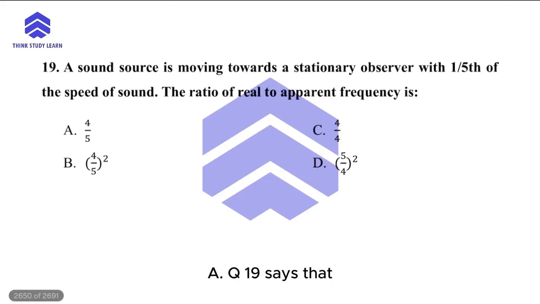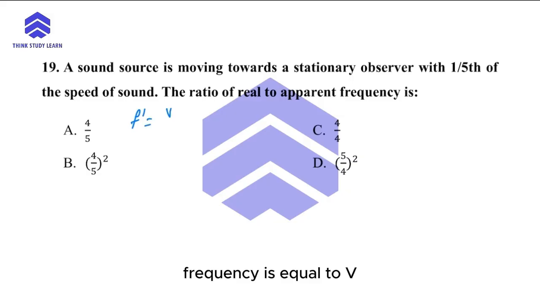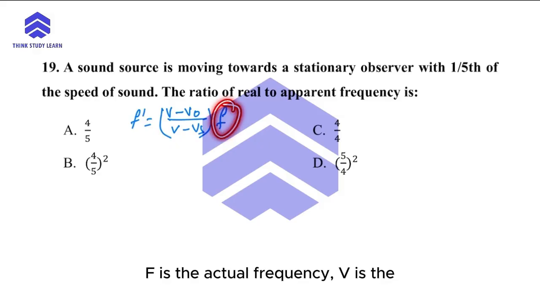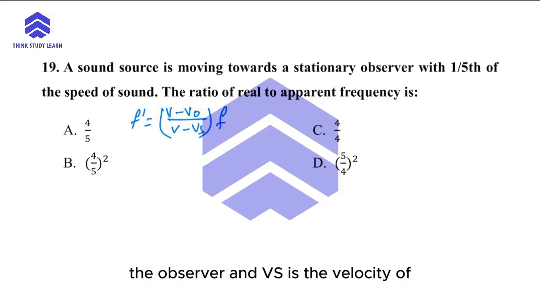Question 19 says that a sound source is moving towards a stationary observer with 1/5 of the speed of the sound. The ratio of real to apparent frequency is. According to Doppler's effect, we know that apparent frequency is equal to (V minus V naught) divided by (V minus Vs) into F. Here, F bar is apparent frequency, F is the actual frequency, V is the actual velocity, V naught is the velocity of the observer, and Vs is the velocity of the source.